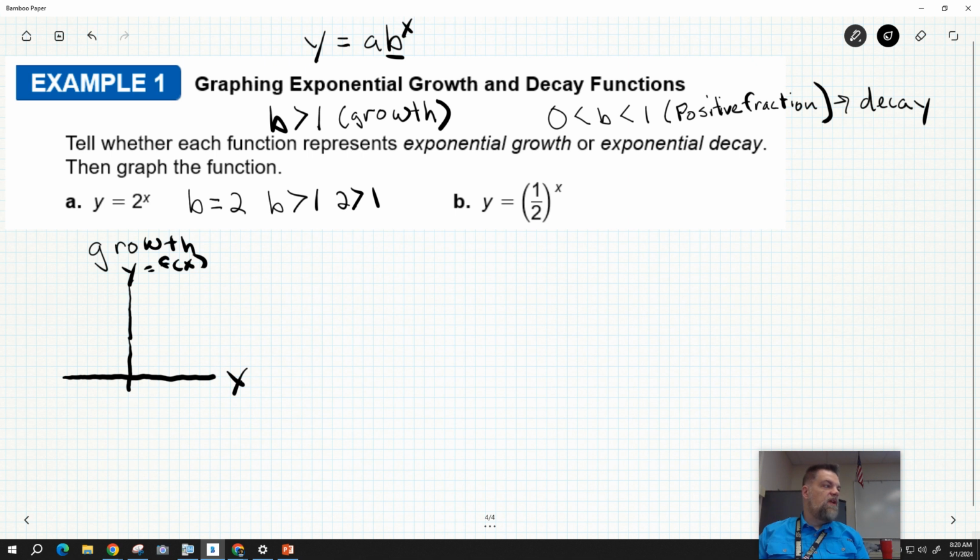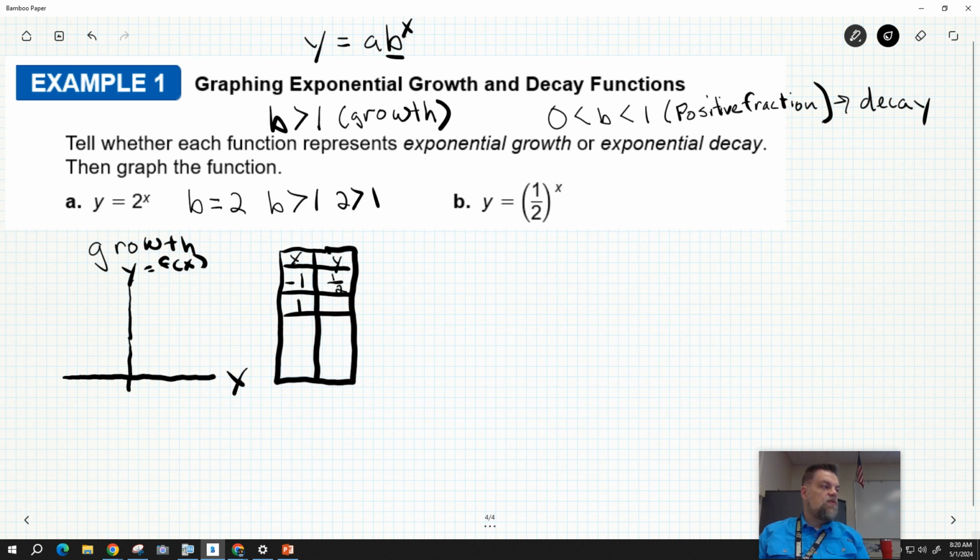And so we know based on our table of values that we did on the previous one, when x equals -1, y was equal to 1/2.